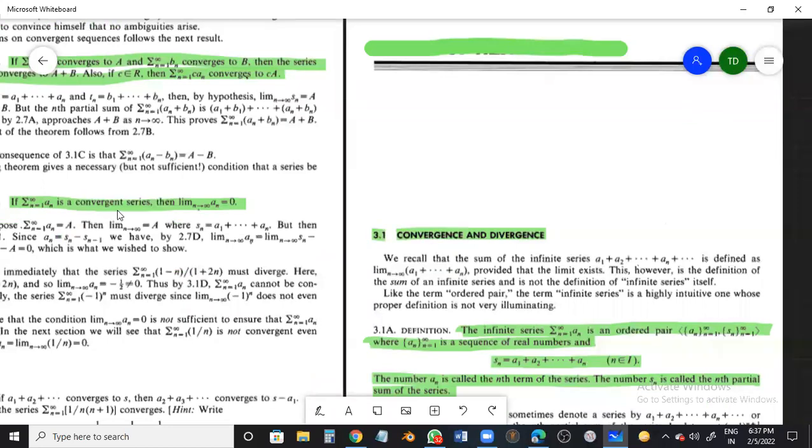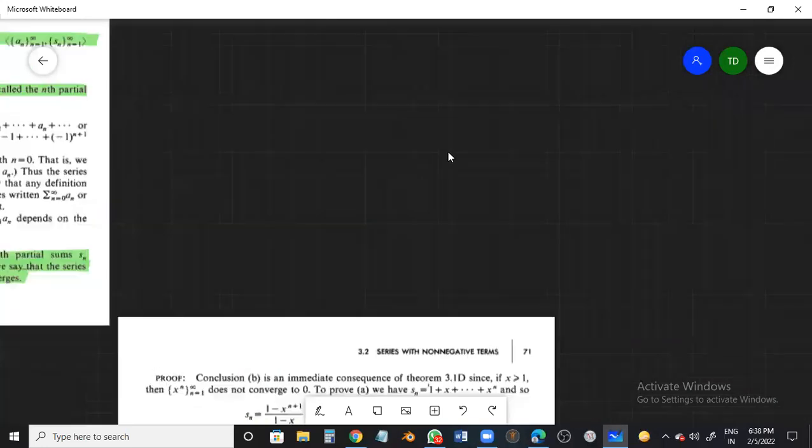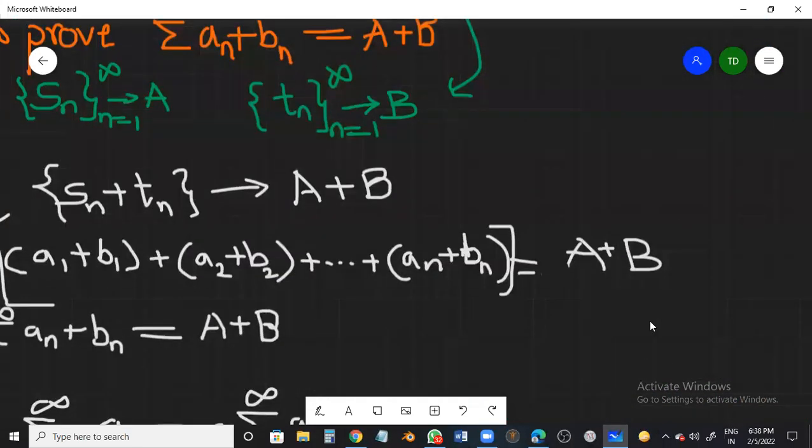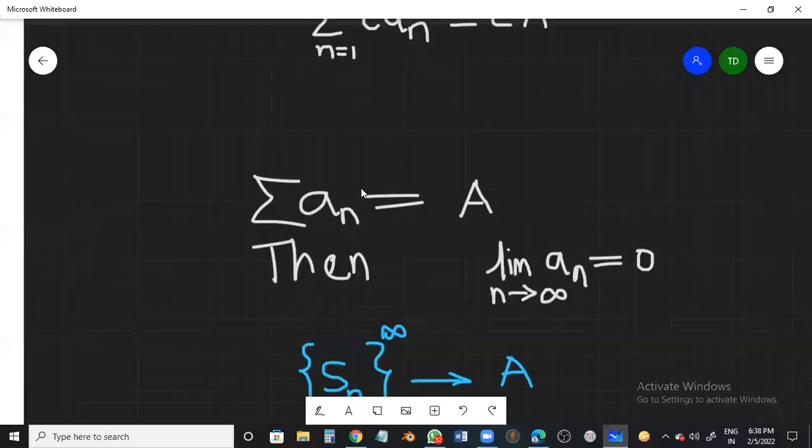If my series is convergent, are you getting my pointer? Yes. If summation an is convergent series, then limit of nth term is always 0. तेच इथे मी दाखवलं आता तुम्हाला. Already we have shown this. If the series is convergent, then its limit of nth term will always be 0.